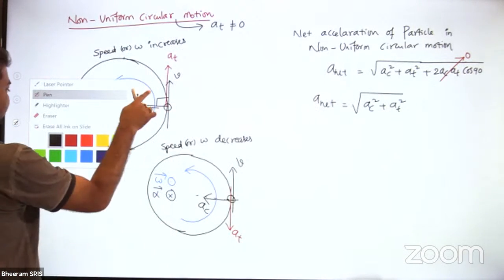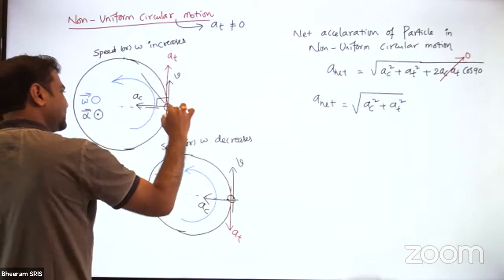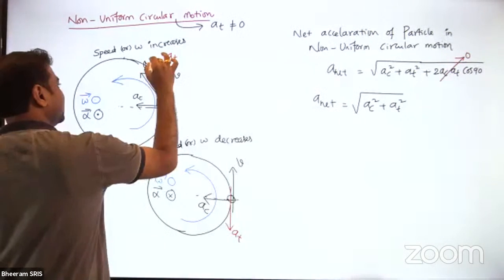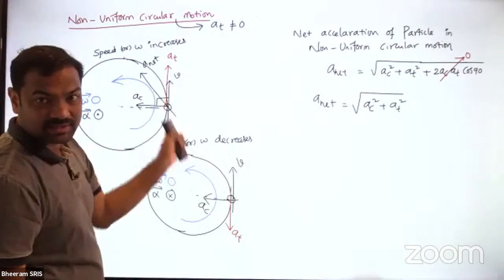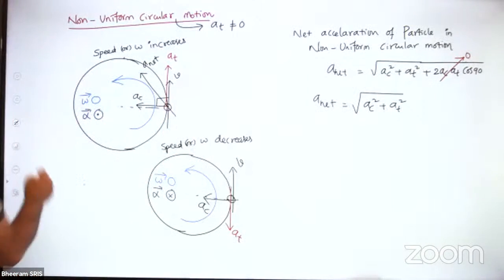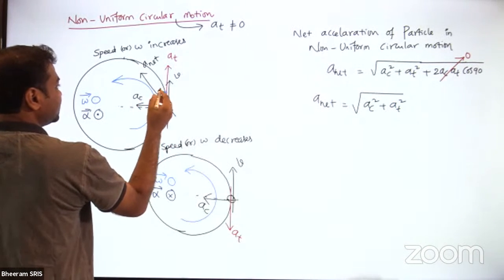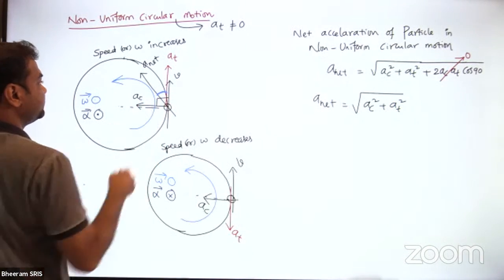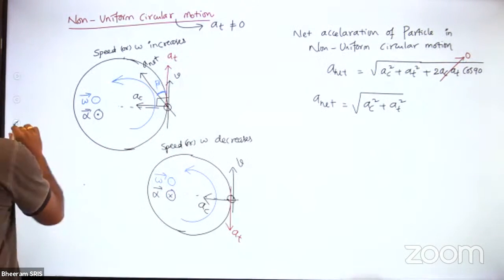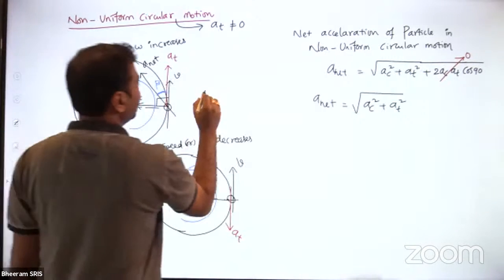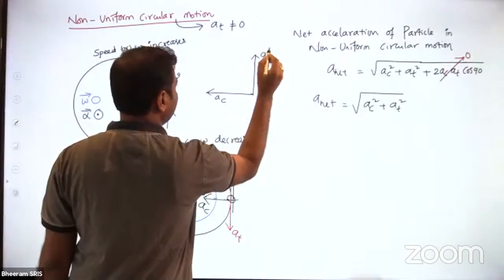Then this particle will have some net acceleration in this sense. This is the net acceleration direction of the particle. If the net acceleration is making an angle, some beta (I'm writing beta because alpha we already used), I'm drawing the same diagram here.